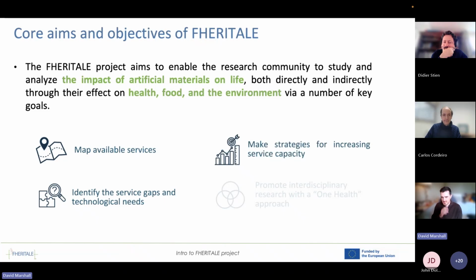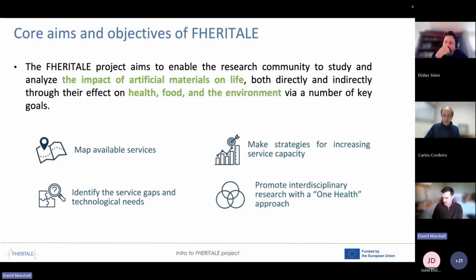Of course, following that, the project will then aim to make strategies for increasing service capacity, both in the area of services that already exist, but also in addressing the gaps that have been identified both in service provision and in key technologies as well.